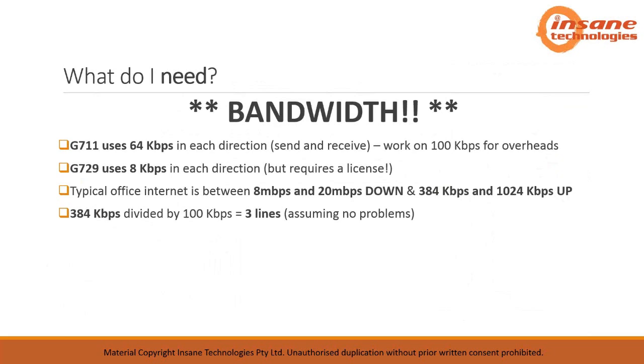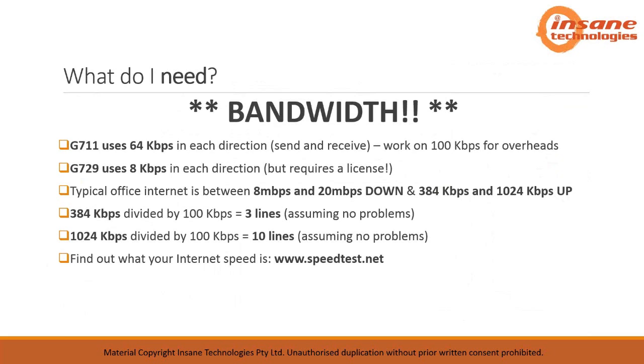So if you've got 384 kilobits, you're probably only going to get about 3 lines on that service for VoIP. If you're lucky enough to have 1024 kilobits or 1 megabit of upload speed, you can probably get about 10 lines concurrently with a VoIP service.